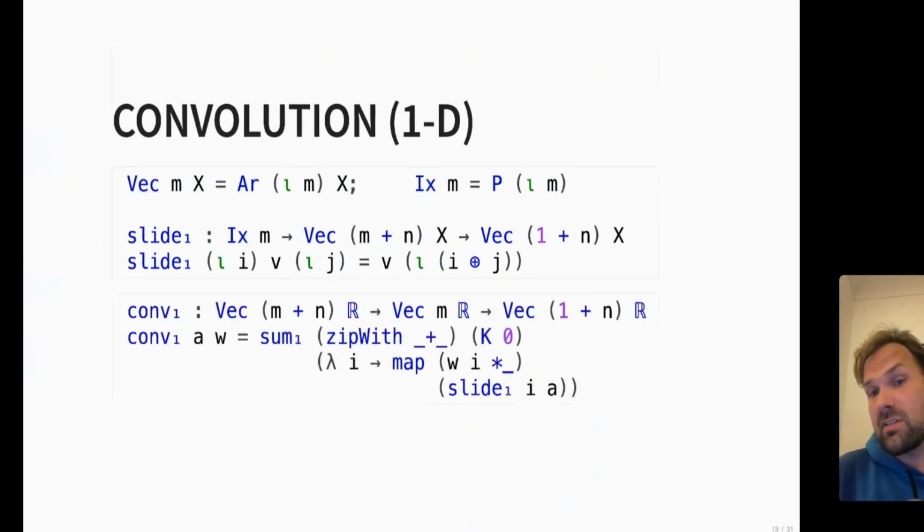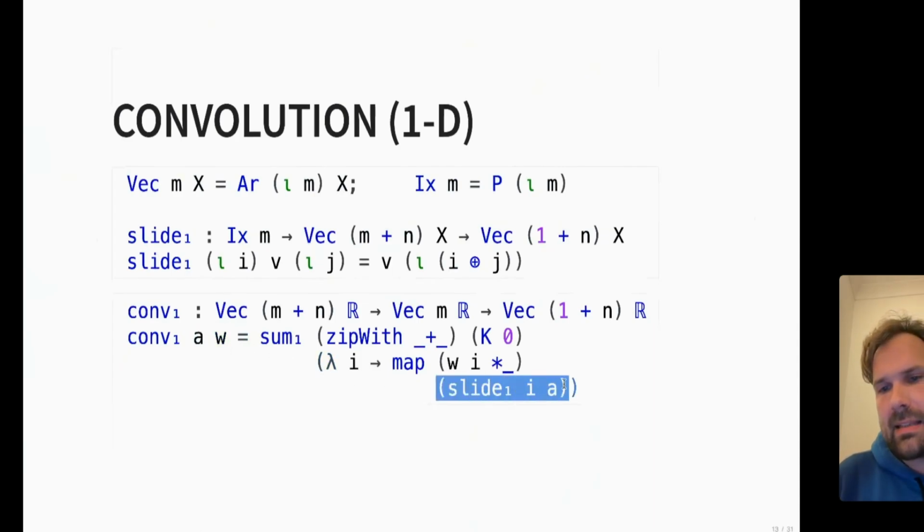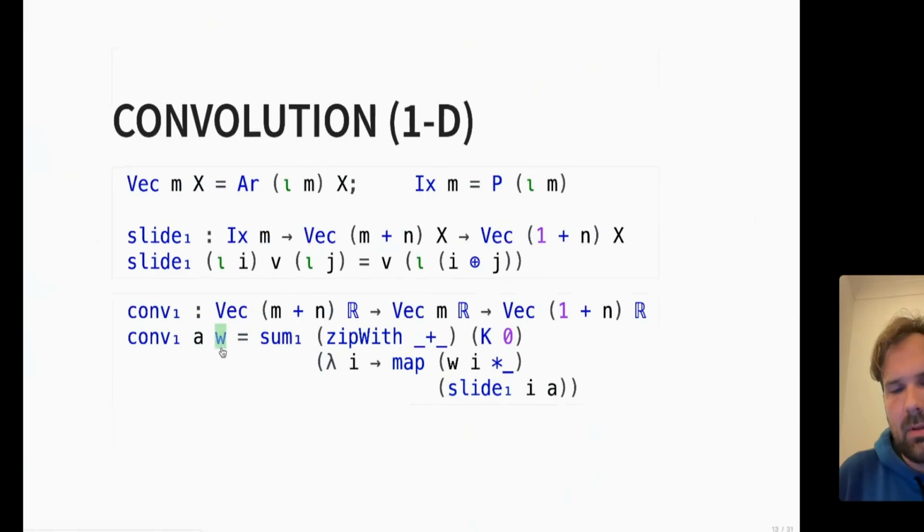Okay. And then in order to define the convolution, all you do is take the weights with which you convolve, and then you slide array A as many times as you have elements inside of the array W. You multiply these corresponding weights, and then you sum them together pointwise, right?